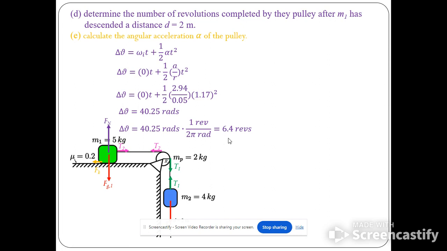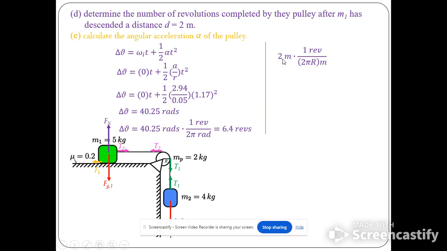Or if you think like this, it'd be great. If M2 has fallen down 2 meters, that would indicate that the pulley has also rotated a linear distance of 2 meters. So this is what I would do if I was taking a quiz. I would just convert 2 meters to revolutions simply by saying each revolution is 1 circumference of a circle. And the circumference of a circle is just a linear distance.